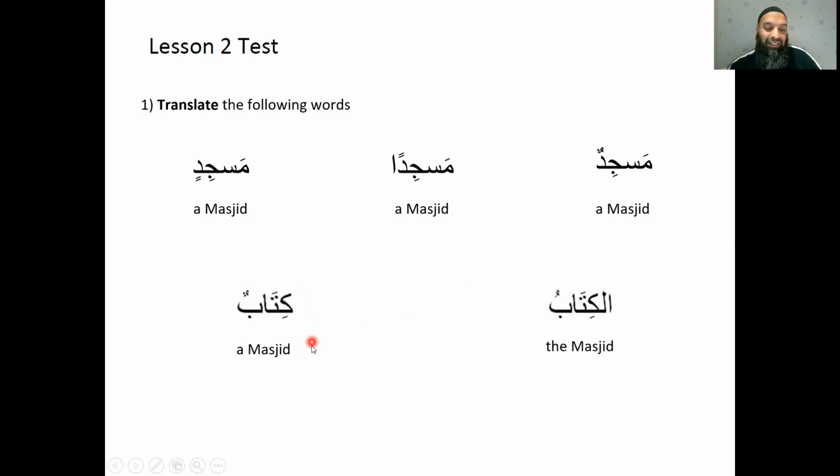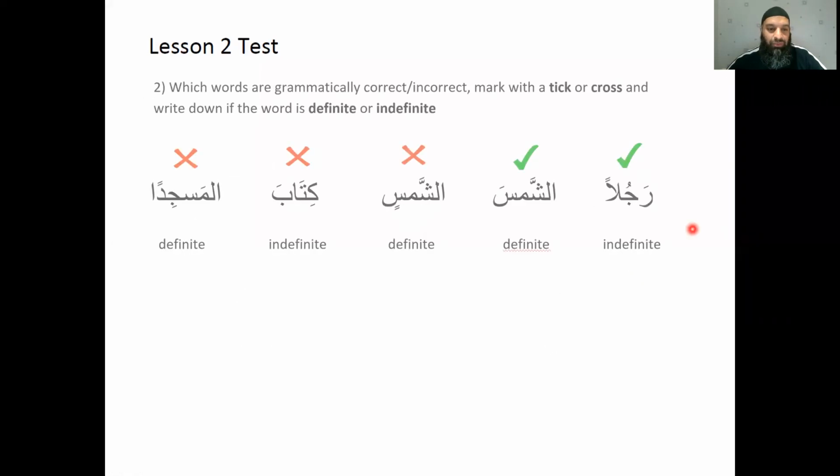So this is our book, and this is the book. The alif and the lam makes it the. Okay, thank you, Abdullah. Happy with that? Okay. No answer is a good answer. Alhamdulillah.